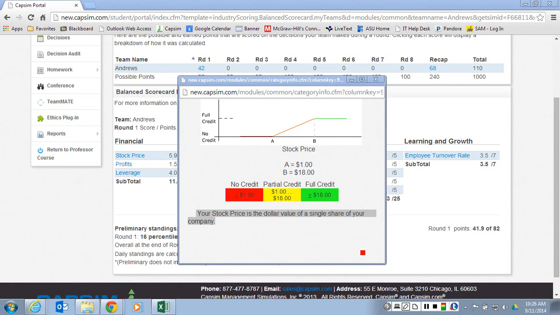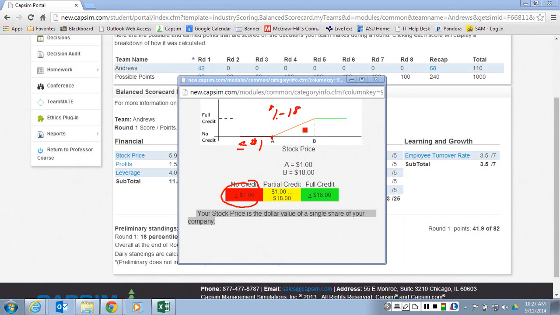What we get here is a chart. If we're below point A, then we get 0 points. That means your stock price was less than or equal to $1. If you're somewhere between $1 and $18, then we're somewhere along this line.